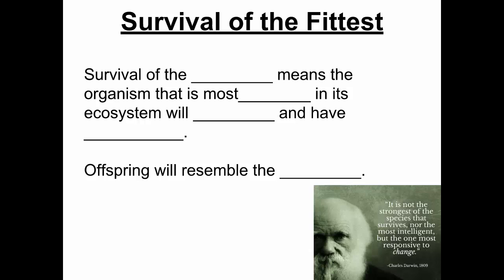Yeah, they're exactly right. So survival of the fittest just means that the organisms, the individuals that are best suited to their environment, that have the best characteristics, the most successful ones, they are going to survive better, and therefore they're going to, what goes along with survival?